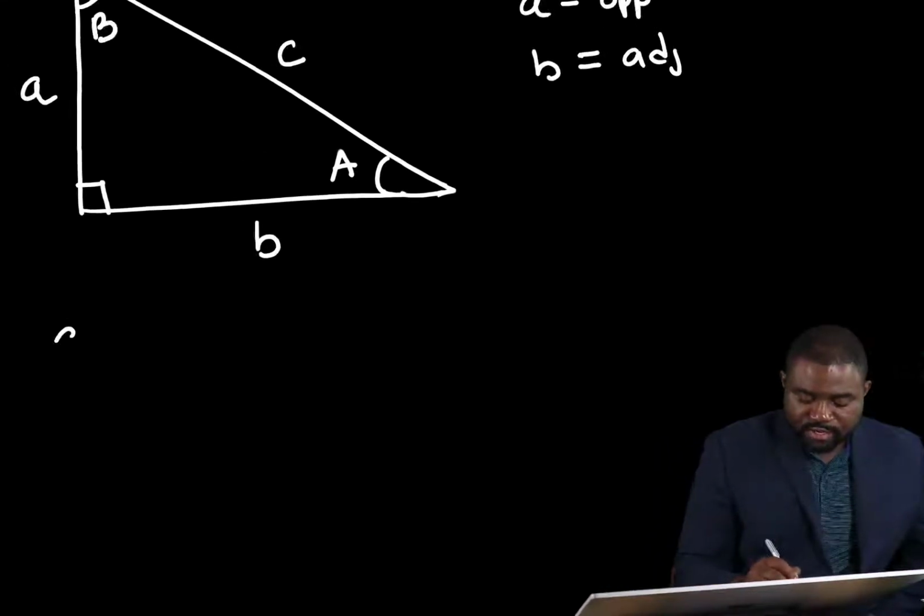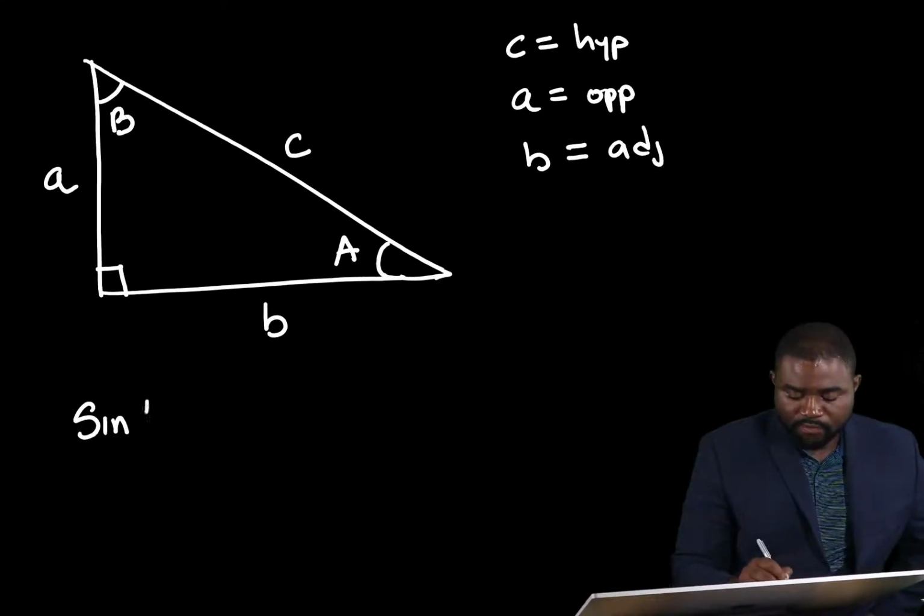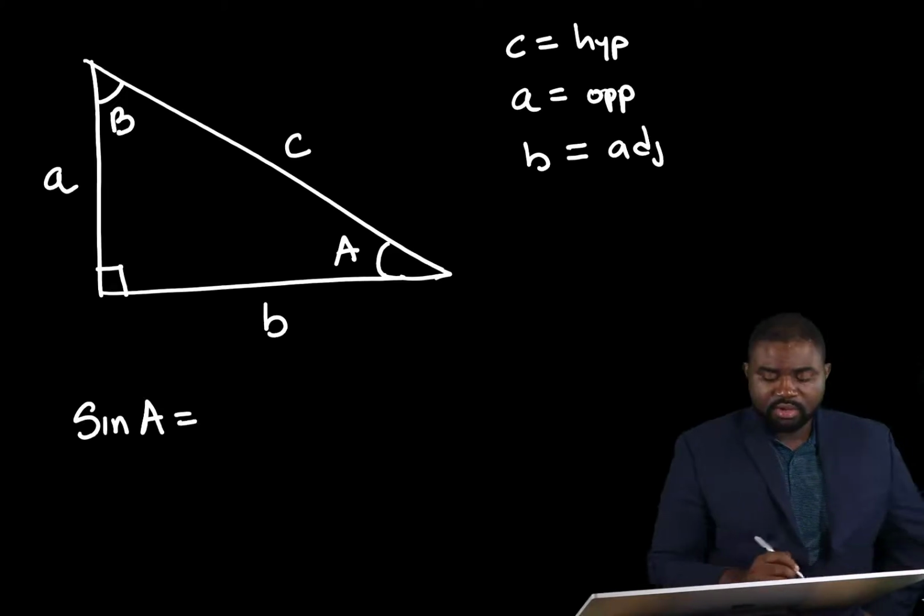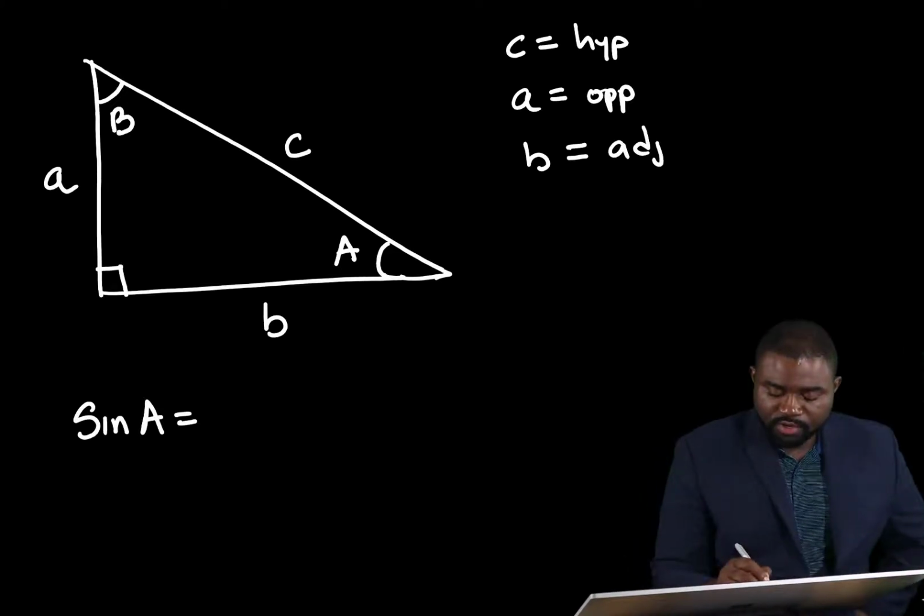So the sine of A is equal to the opposite divided by the hypotenuse.